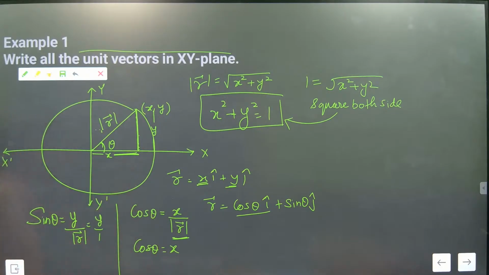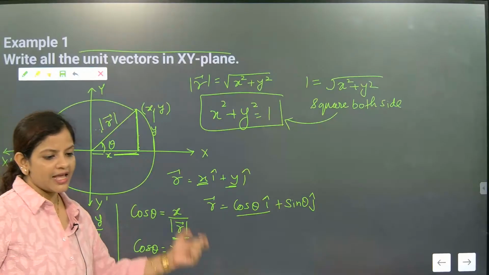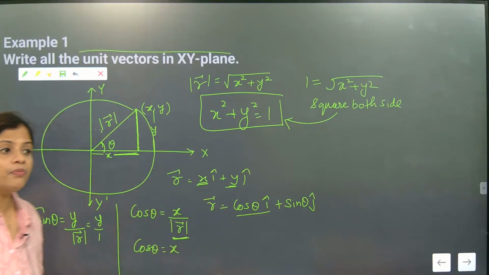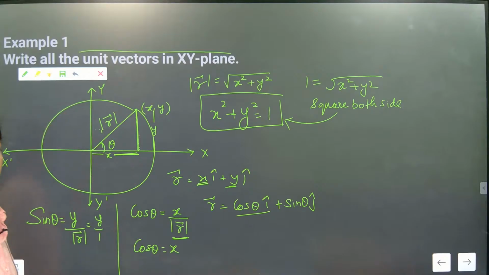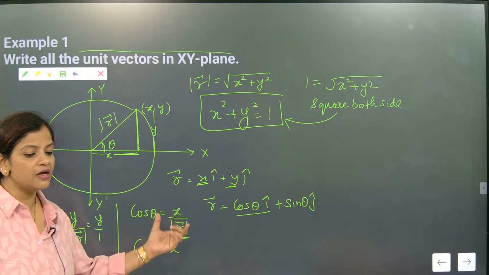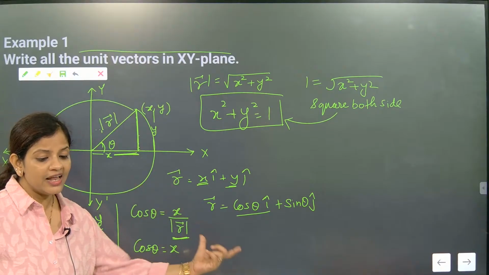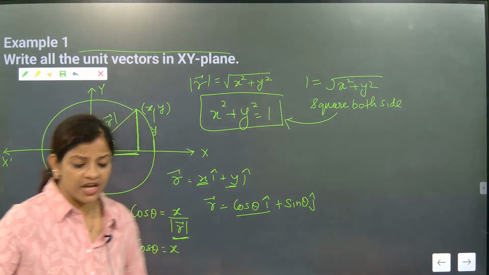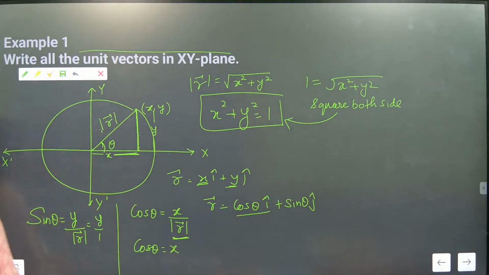Then how are you going to proceed, beta? Cos theta i cap plus sin theta j cap. You remember this, write it down. In the xy plane, all the unit vectors will be represented like this: r vector is equal to cos theta i cap plus sin theta j cap. Don't miss this one. Please, I request all of you.